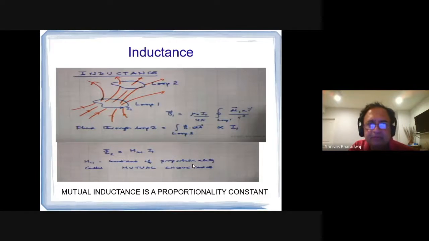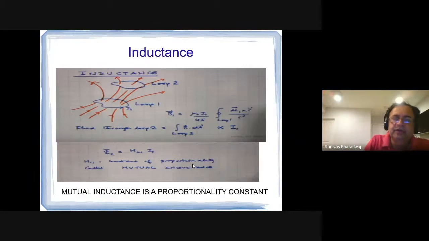Therefore we came up with this idea of mutual inductance. If there is one loop in which you have a changing current, it produces a flux in the second loop, and the induced flux in the second one is proportional to the current in the first one.